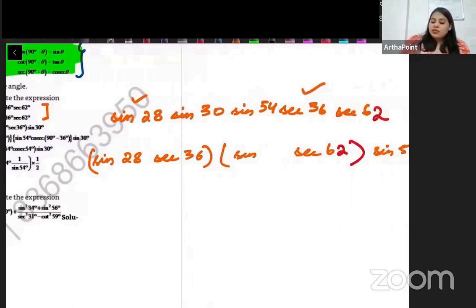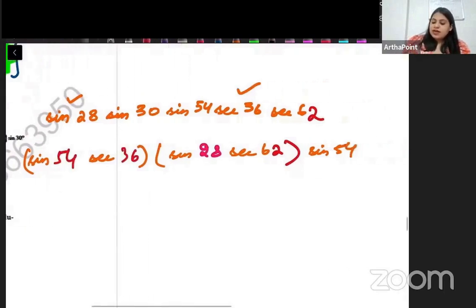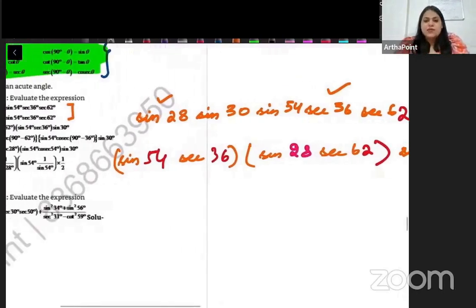I'll tell you why I am doing this. I can bring 28 here. And if this is 36, then 36 and 54 sum to 90. So I can bring in 54 here. And I can make this as 90. Just rewrite this like this.